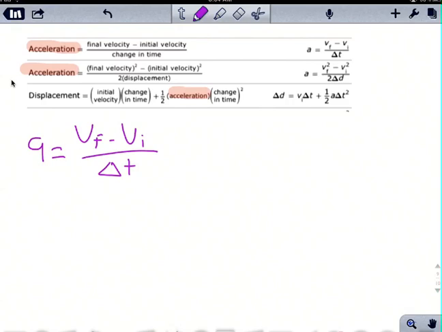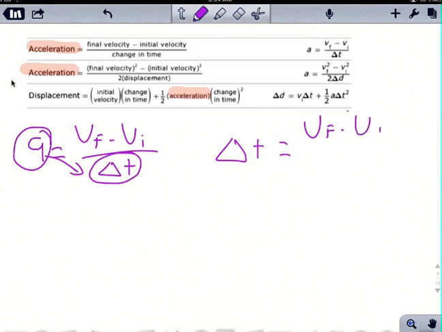The first thing that we need to understand is that we have the denominator right here. One quick trick, if we're solving for the change in time, all we have to do is switch acceleration and change in time. So solving for change in time, we get final velocity minus initial velocity all over acceleration.